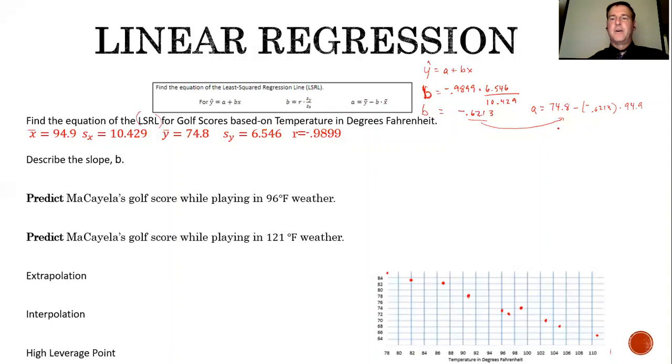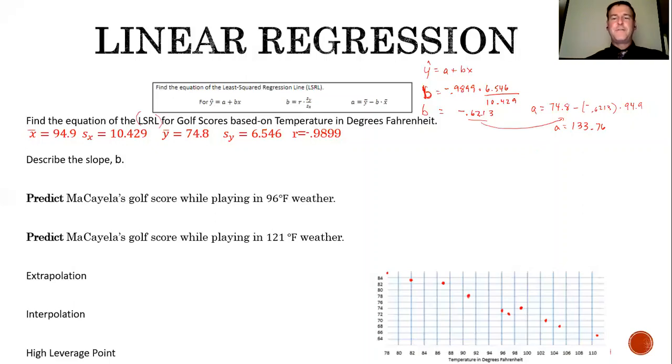So in our calculator, 74.8 minus, in parentheses, negative 0.6213, times 94.9 gives you 133.76. Now I have the important features of my least squares regression line.